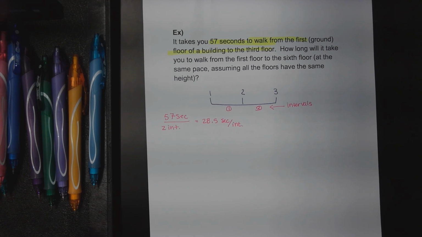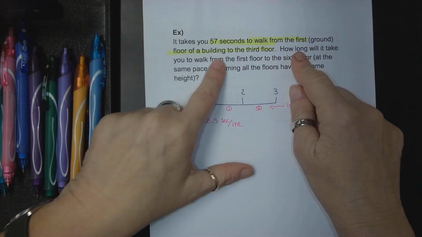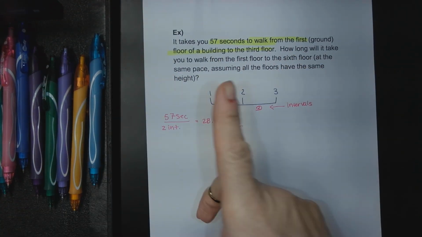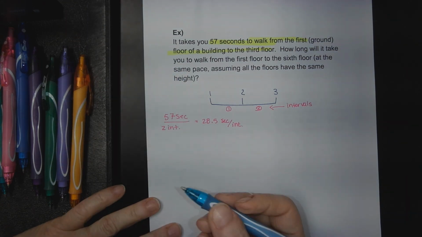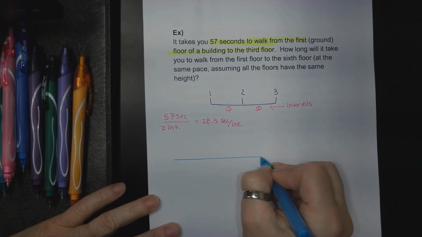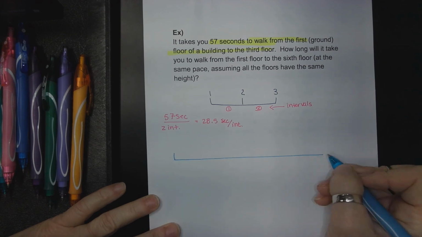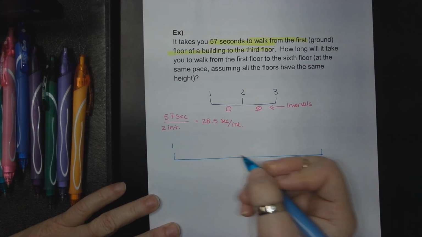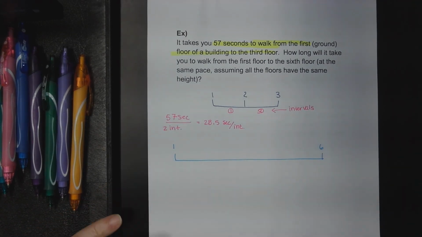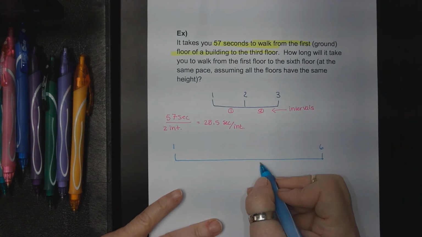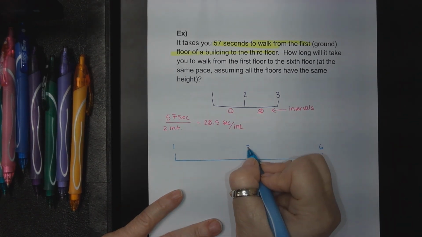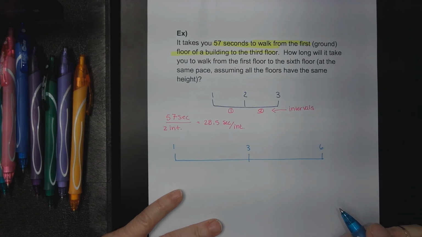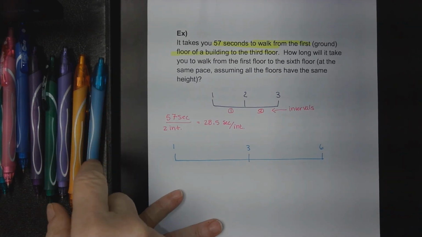But now, remember, we're wanting to go from the first floor to the 6th floor. So here's my picture. First floor to the 6th floor. It's hard to get them even, so forgive me if I don't. Halfway is going to be 3, right? Nope, wrong.